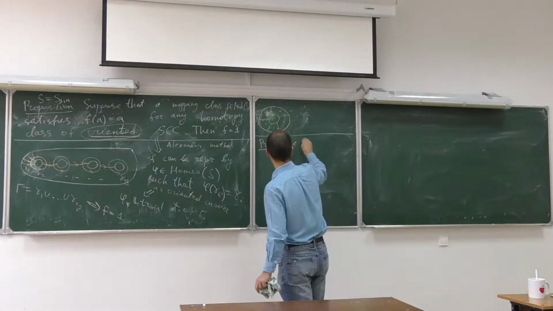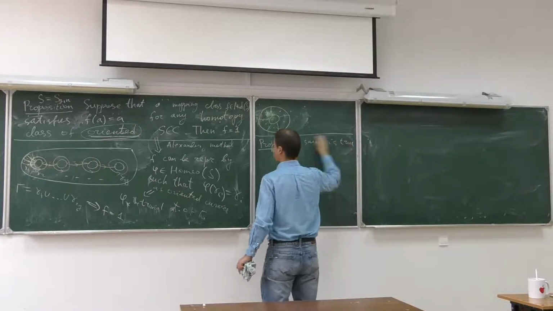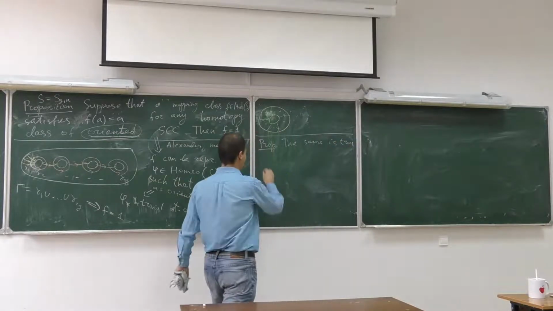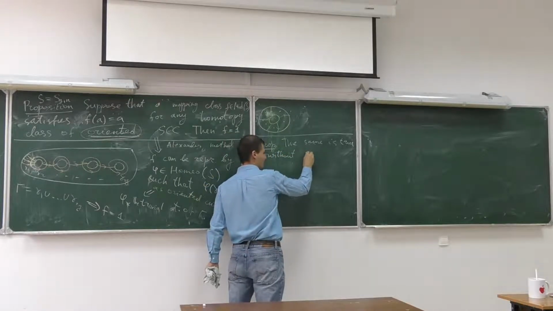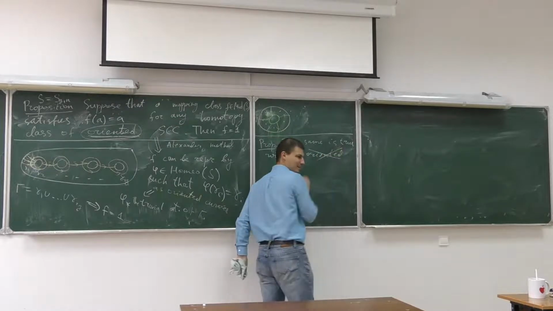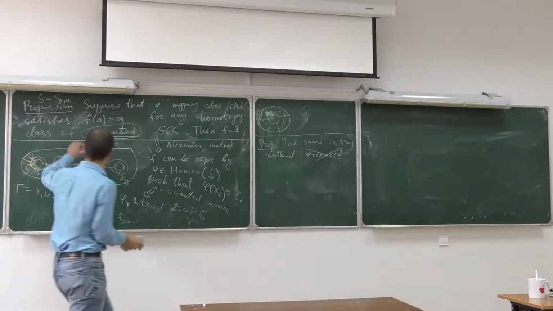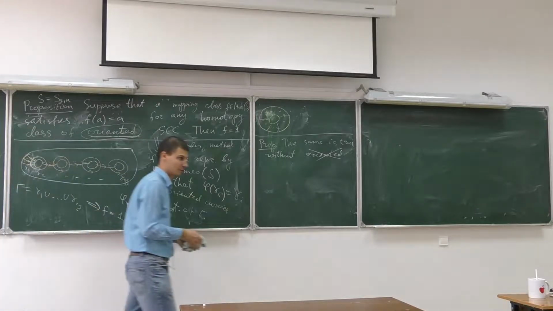I just write that the same is true. The same, I mean the same proposition without the word oriented. Yes. So if we just delete, provided that with several exceptions.